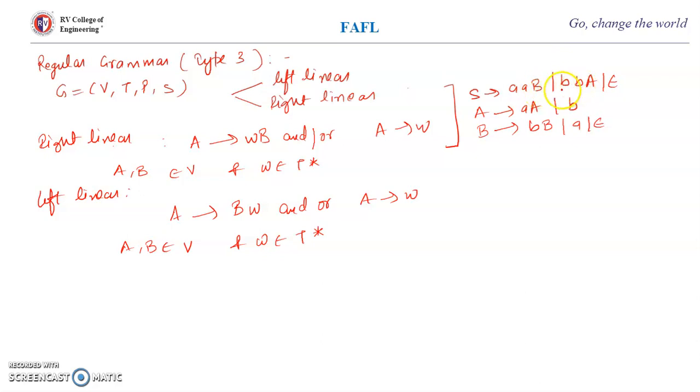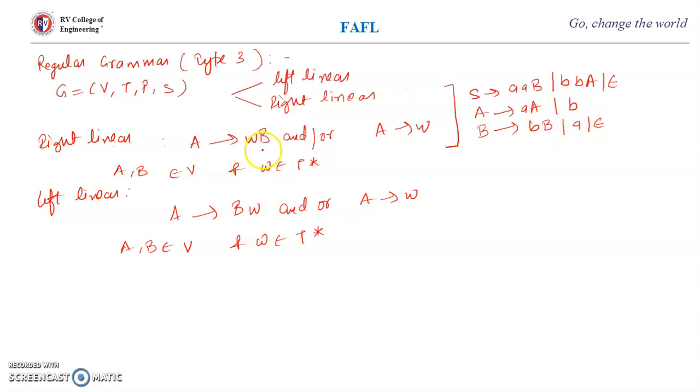Similarly, here we have two terminals and this A is a non-terminal and it is the rightmost symbol. Or epsilon is also fine because this is T star. And then here a terminal and a single non-terminal, and this capital A is the rightmost symbol. Or only a terminal is also fine, and then here a terminal and a single non-terminal, which is the rightmost symbol, or only a terminal, and then epsilon.